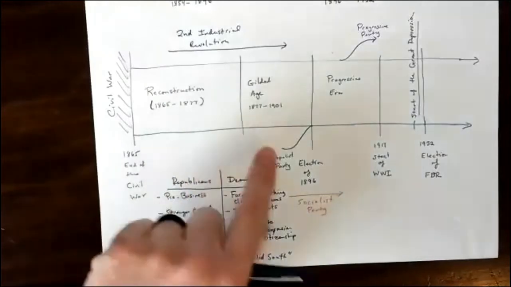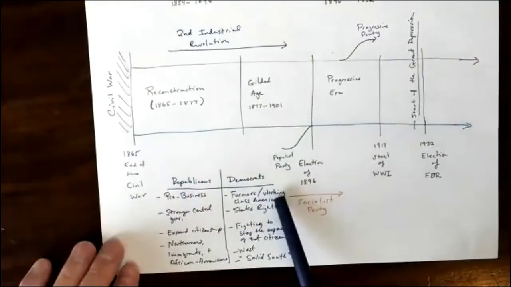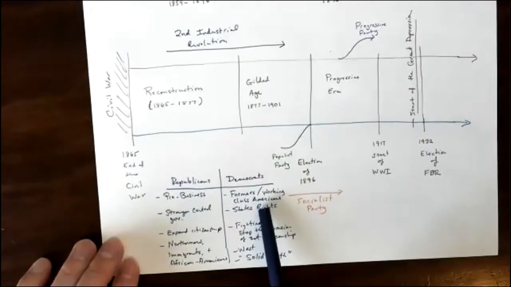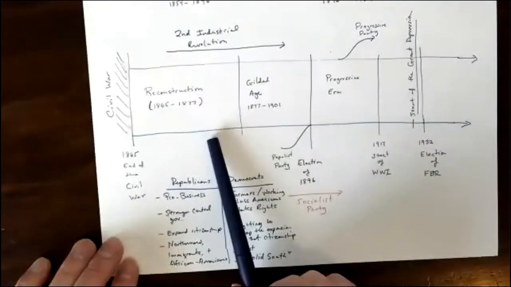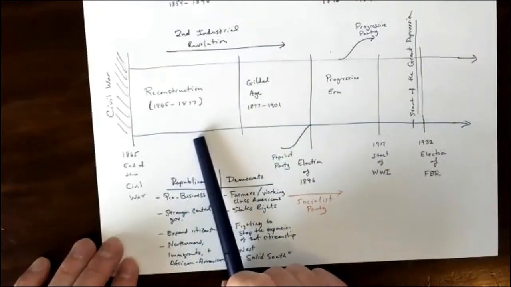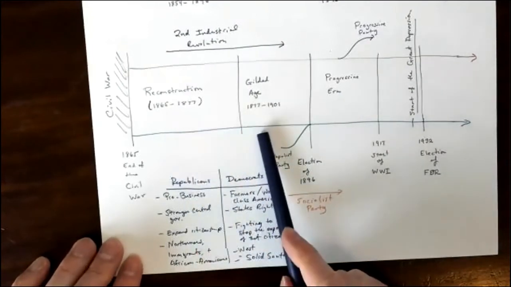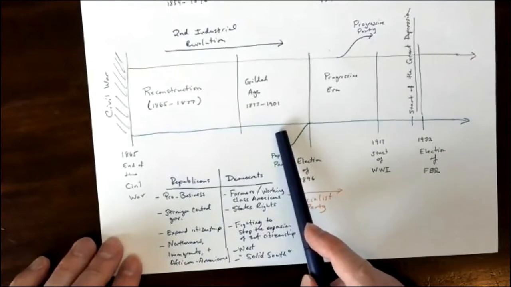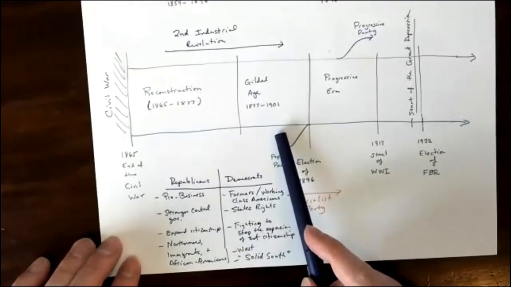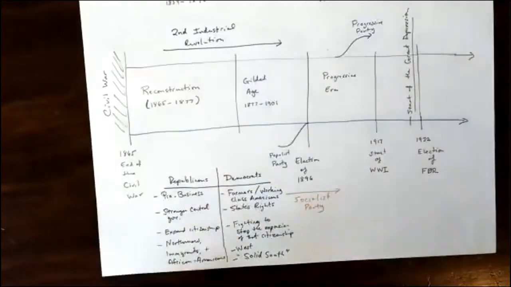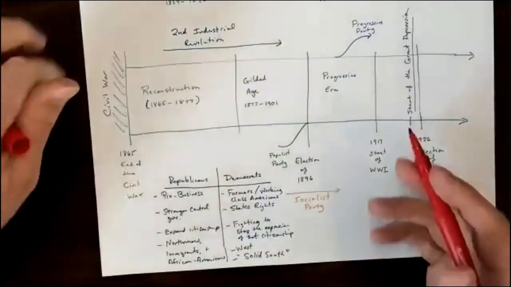So by the end of this time period, you can see this clash between Republicans and Democrats over a number of issues. And probably at the beginning of this time period, the clash is primarily over the power of government and the expansion of citizenship to African Americans. But as we enter into the Gilded Age, that conflict becomes more about this issue of pro-business on one side, in this case the Republicans, and maybe I should, sorry, write that down.